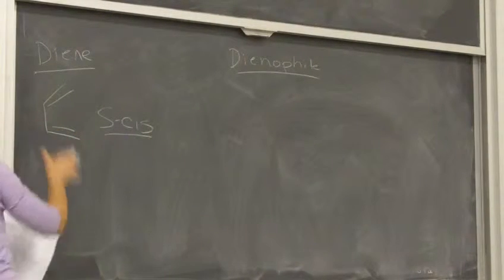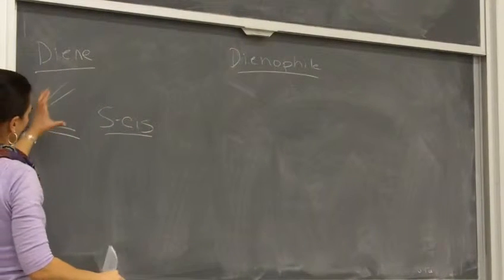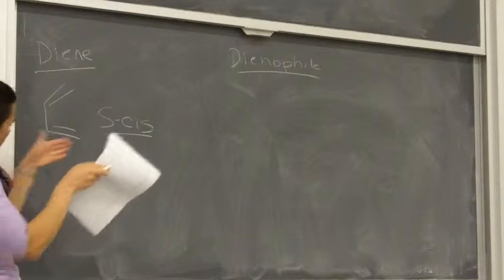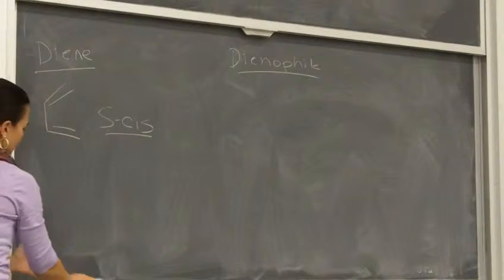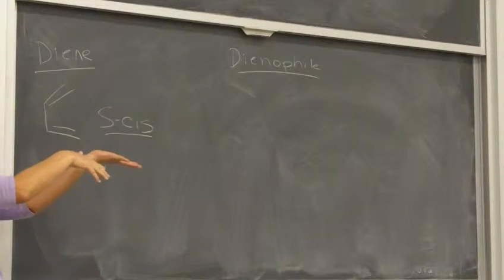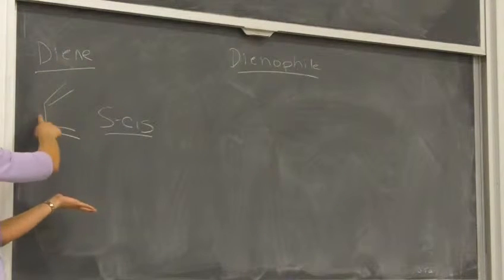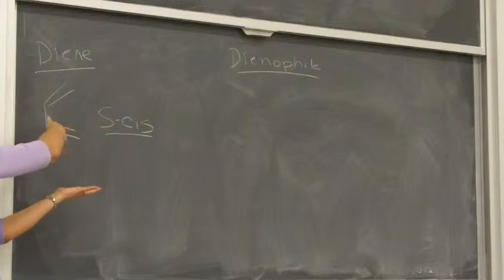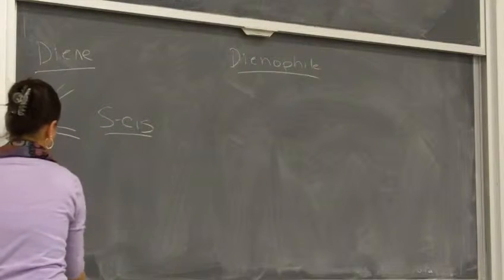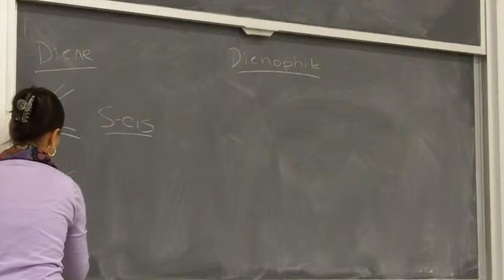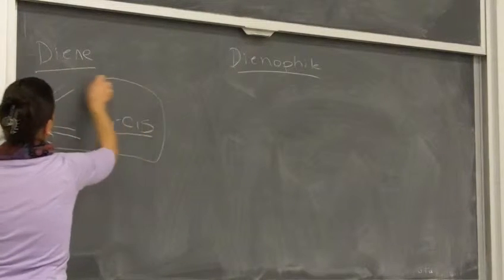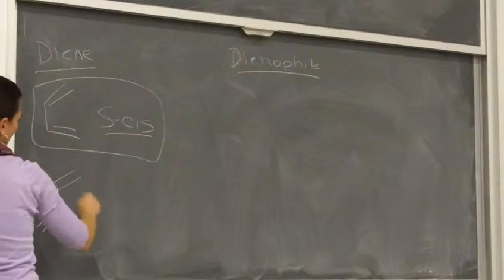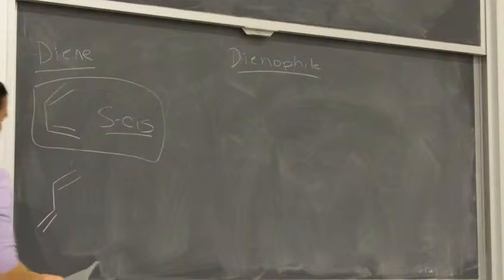So you want it so that its orbitals and its carbons are all going in the same direction so it can have maximum overlap, versus if we've got something that has to rotate back and forth, we're not going to get a good reaction. So what we don't want is this. We want the s-cis conformation versus having the trans conformation.